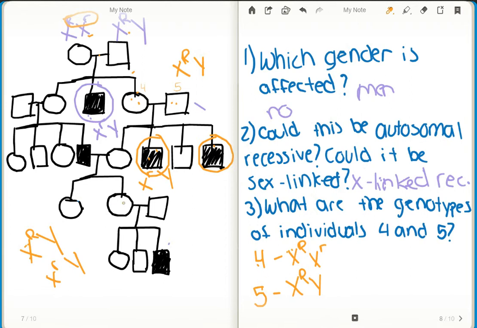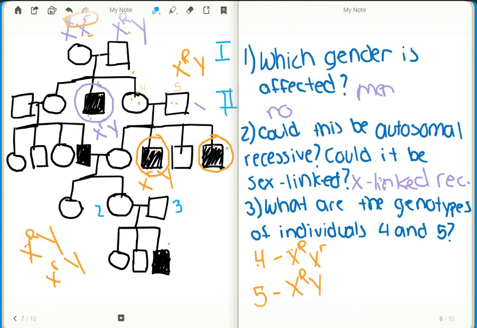So now let's try these 2 individuals. I'll give them numbers of 2 and 3 because they are the second and third members in their generation. If we were to label the generations, this would be generation 1, generation 2, generation 3, generation 4, and the 5th generation.